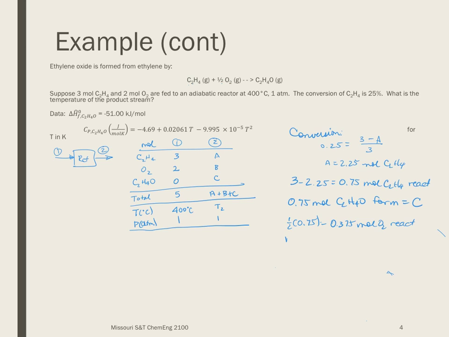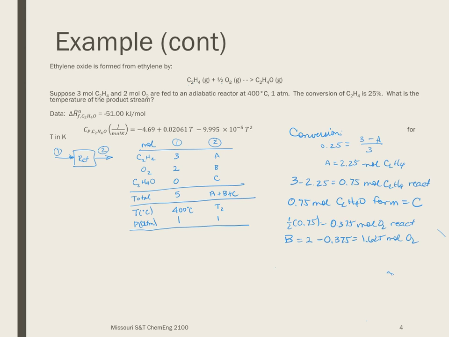And so therefore B, 2 moles of O2 come in, 0.375 react, so therefore 1.625 moles of O2 will leave the system.